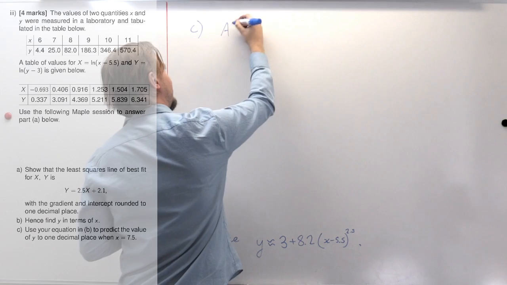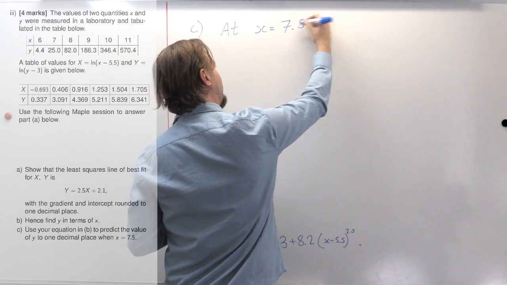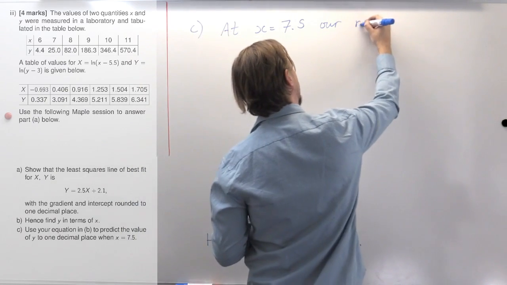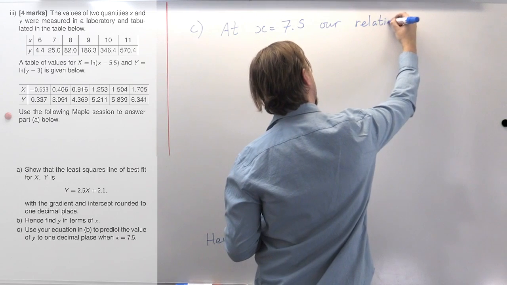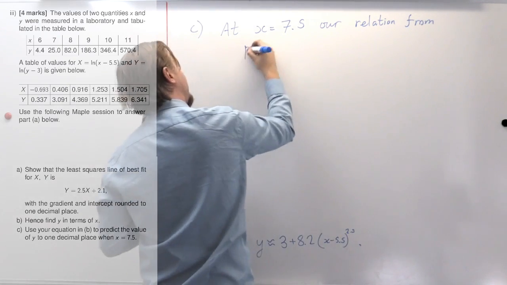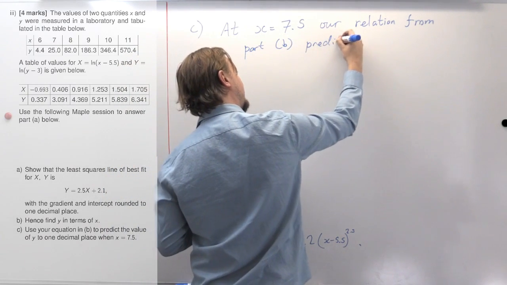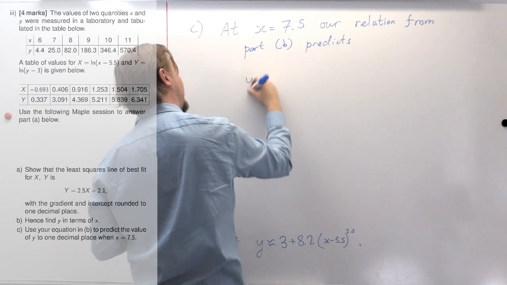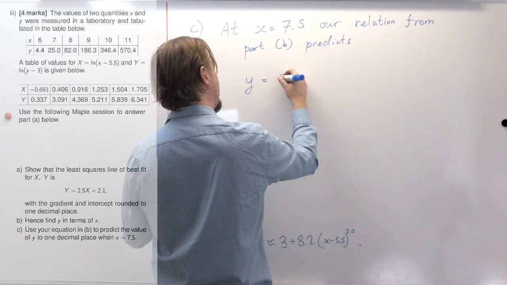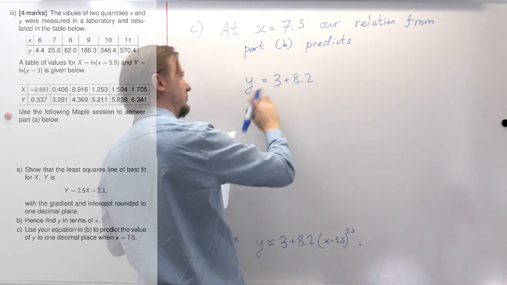So at x equals 7.5, our relation, the one we found in part B, predicts, so we get y should be equal to 3 plus 8.2, or maybe approximately equal.